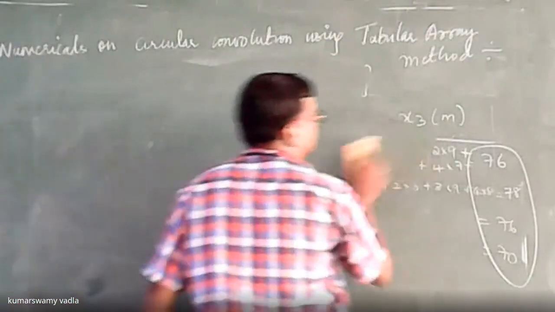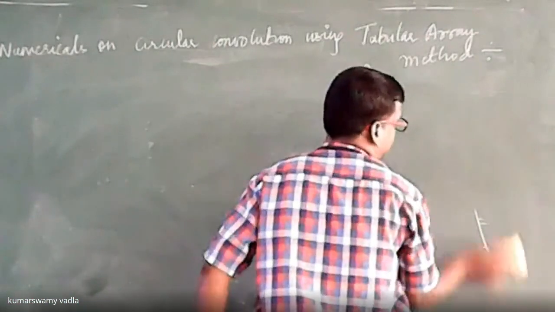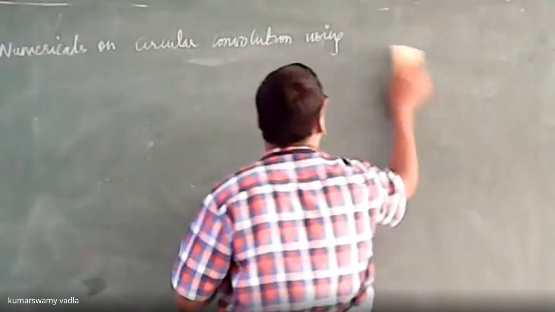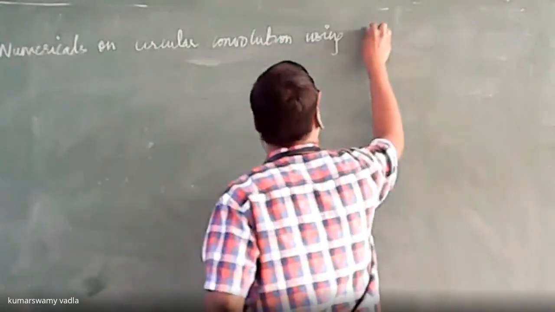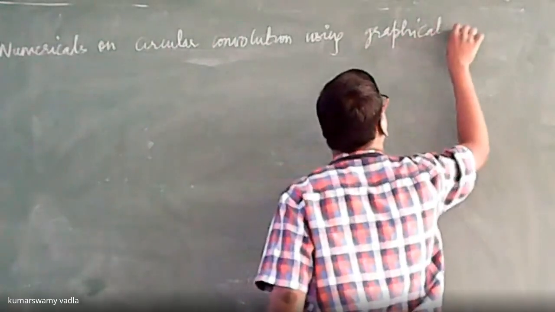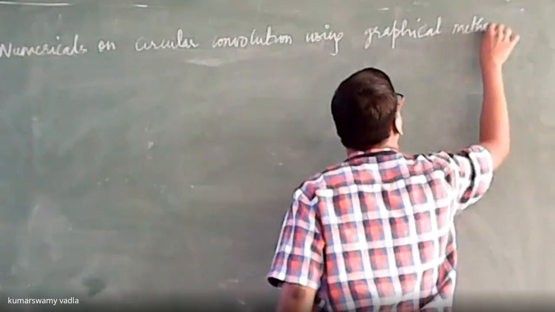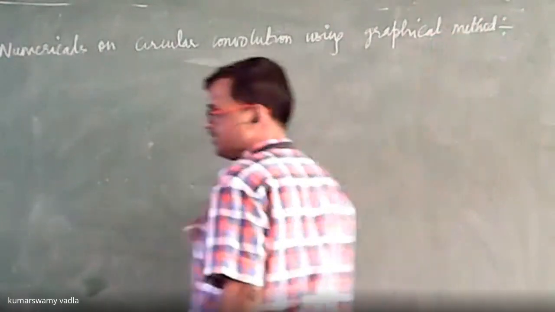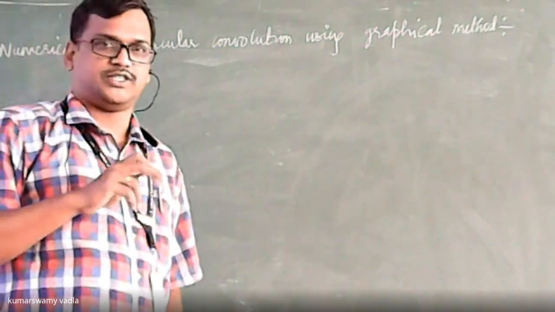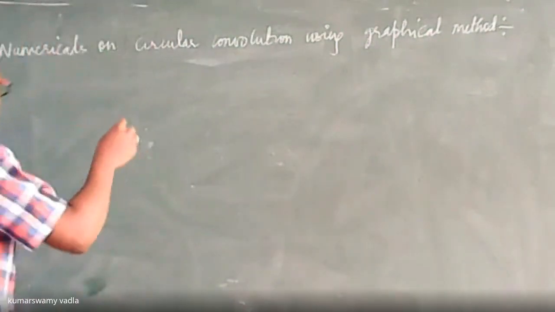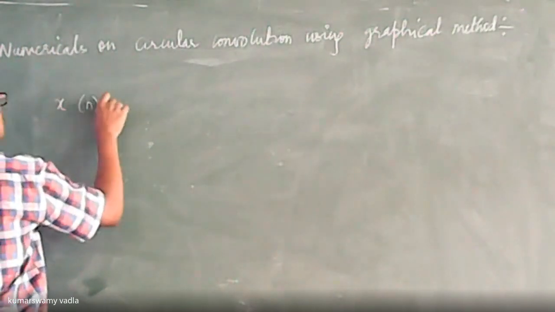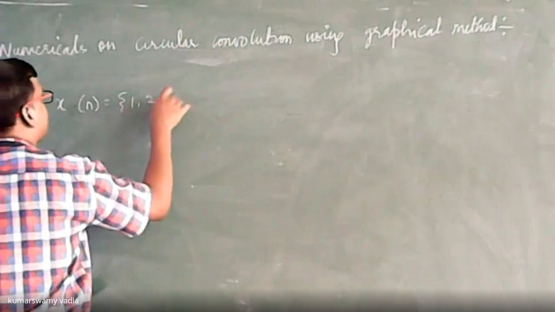Then let us go for the next procedure, that is circular convolution using the graphical method. Friends, as you have already seen, given this as the condition, x of n is equal to 1, 2, 3, 4.